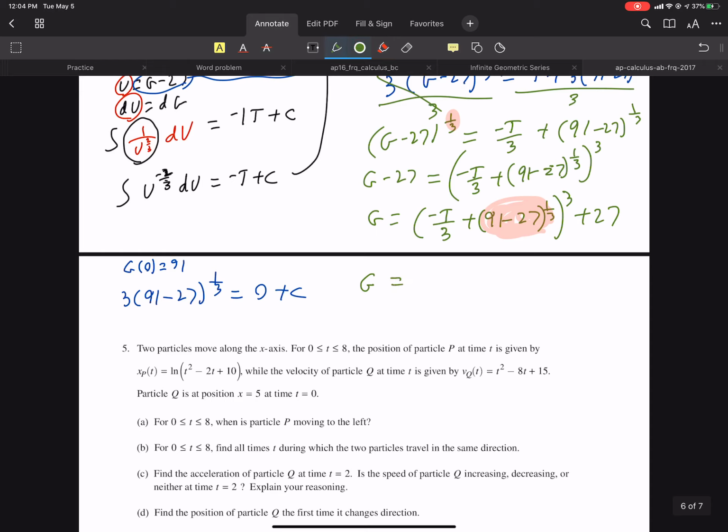So I'm going to plug in 3 for t. G of 3, because that's what they're asking for. That'll be negative 3 over 3 plus 91 minus 27 to the 1/3, cubed, plus 27. That's all you got to do.